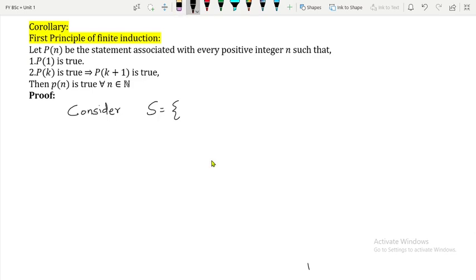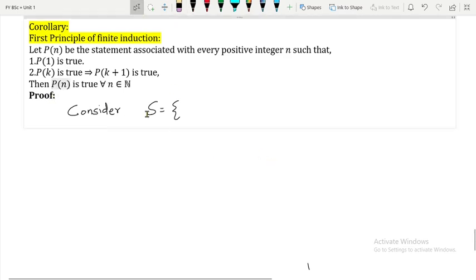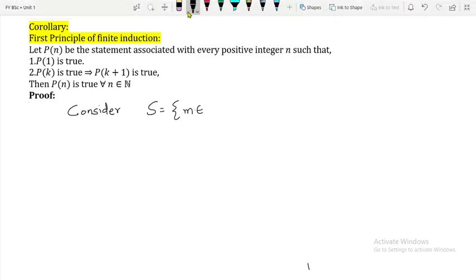because n is already involved in the statement, so. Okay, so I will say consider S is equal to the set of all m belonging to N such that P of m is true. Right? Now see what I am going to do over here.